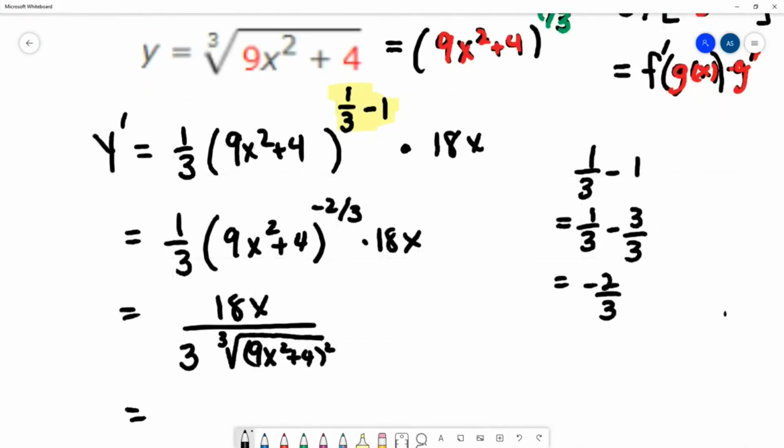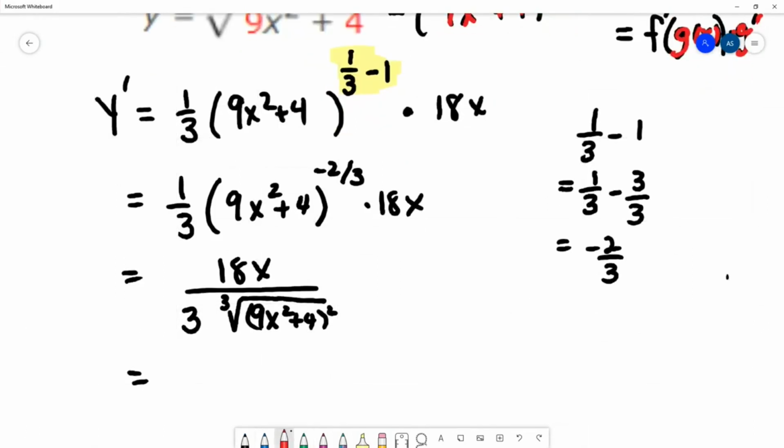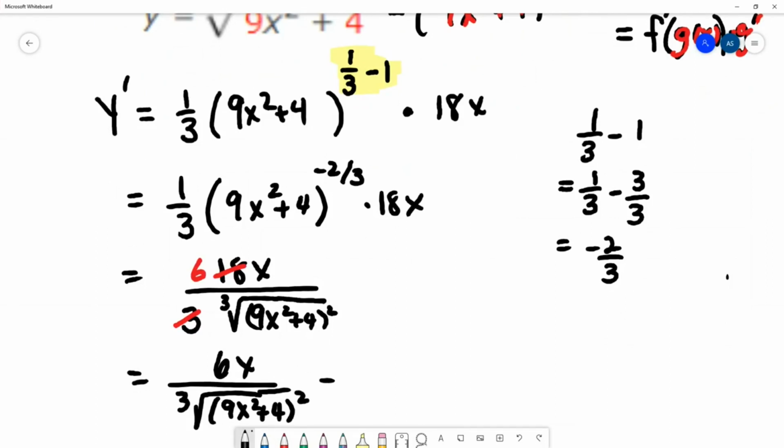And then 3 will divide into 18. 3 divides into 18 6 times, so we can write that as 6x over the cube root of 9x squared plus 4 squared. And I probably would write this as 6x times 9x squared plus 4 and leave that as the 2/3 power instead of turning it back into the radical.